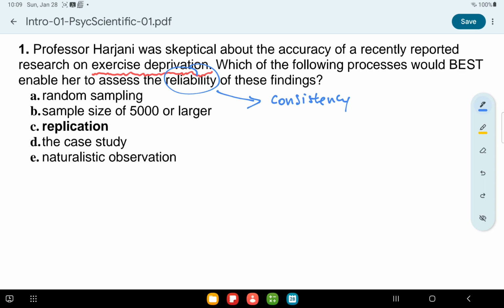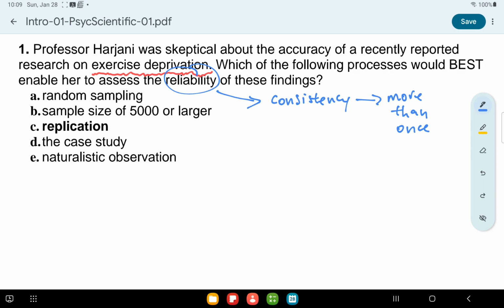We need to measure the same situation under similar conditions more than once. So the idea of consistency can only be established by doing the same thing more than once. That's the issue of reliability.